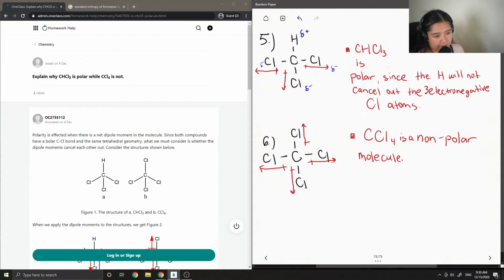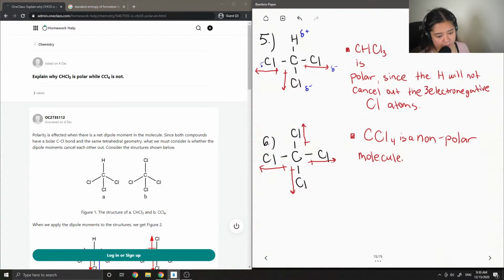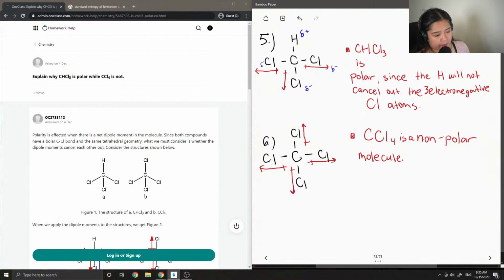The reason I reworded it and said that it's a nonpolar molecule is because the chlorine-carbon bond itself is a polar bond, but the molecule as a whole is nonpolar. So don't get confused by that terminology.